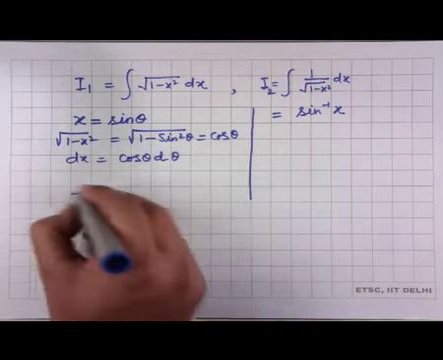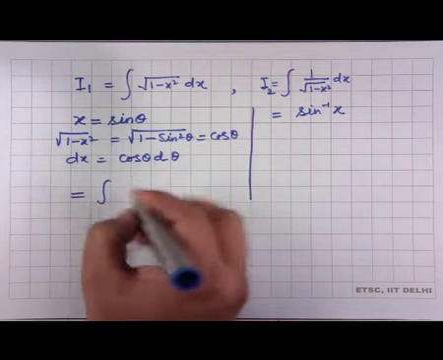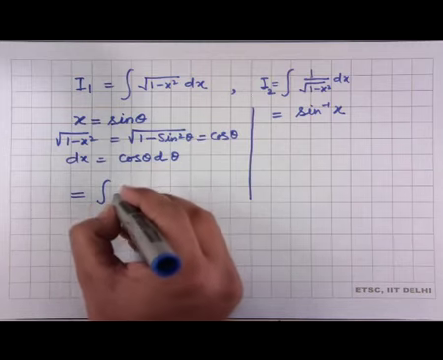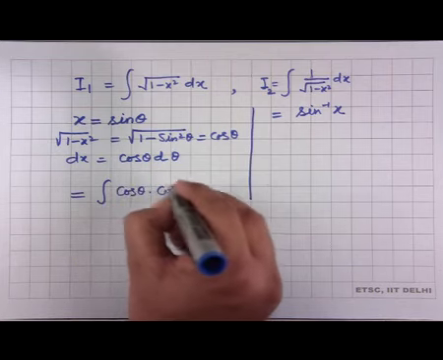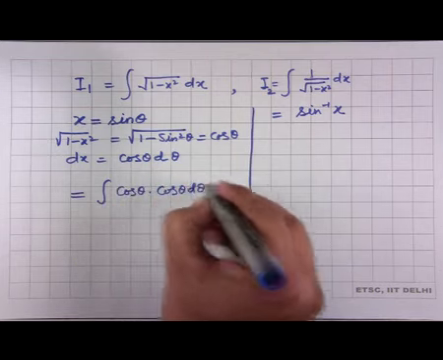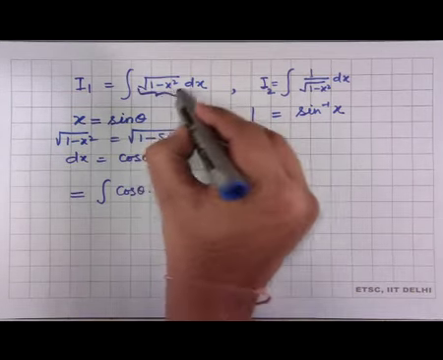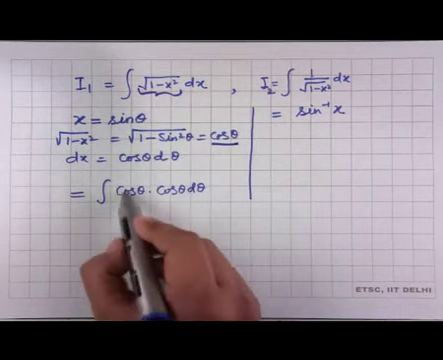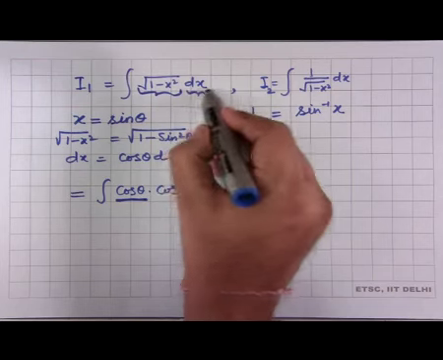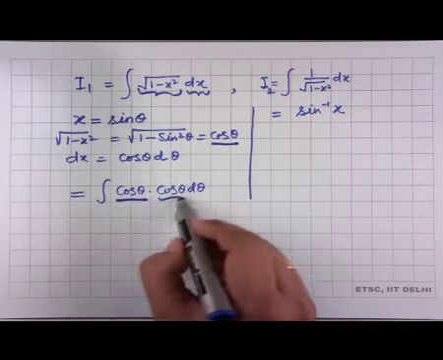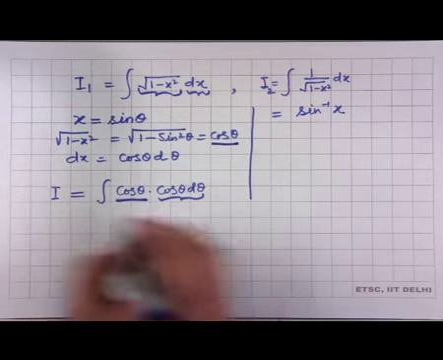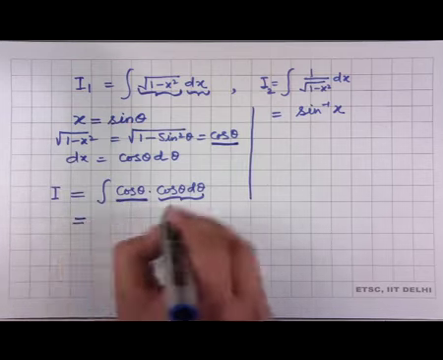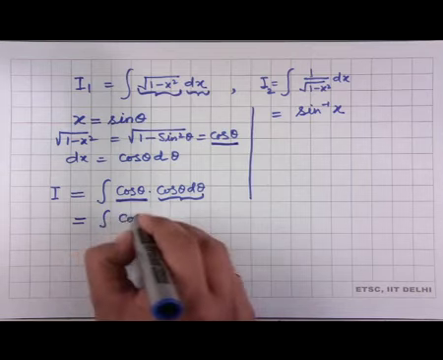So I1 becomes integration of cos theta into cos theta d theta, which is cos squared theta.